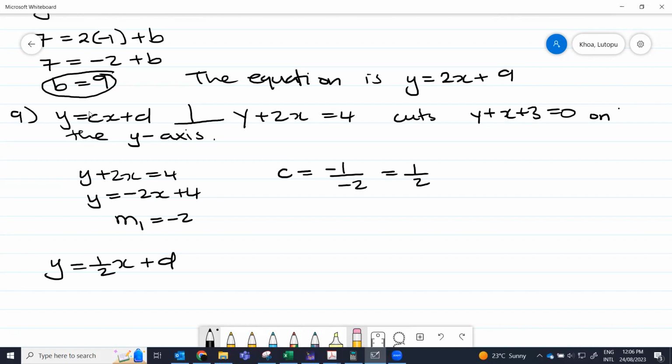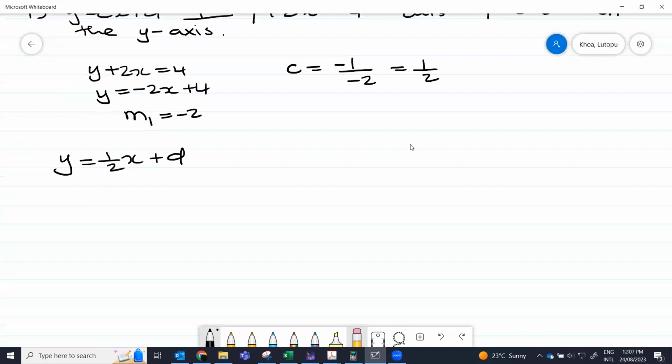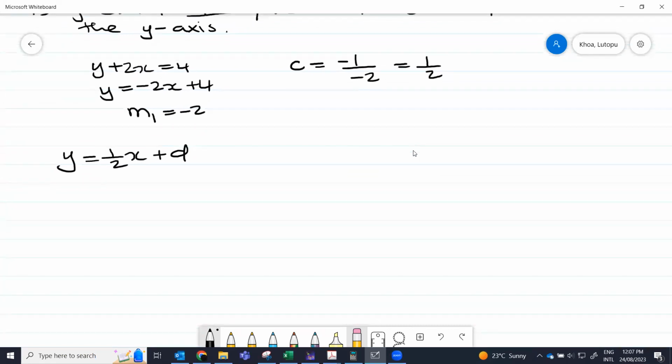Okay, now we are told that it cuts the line y plus x plus 3 is equal to 0 on the y-axis. So what that means is it passes through the same y-intercept as the line y plus x plus 3 is equal to 0.